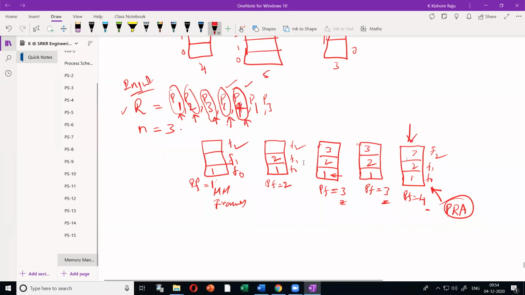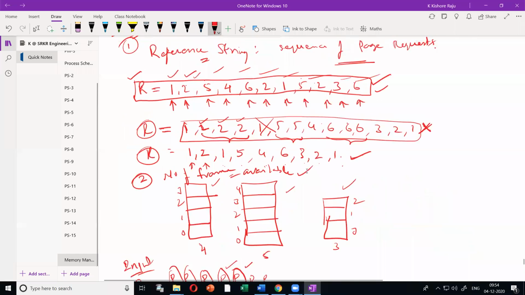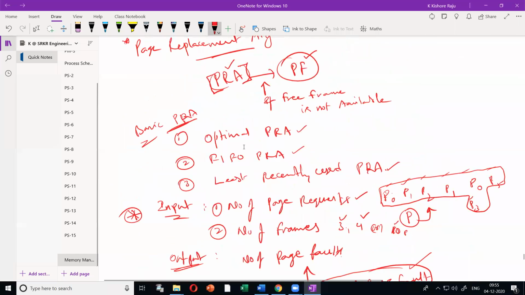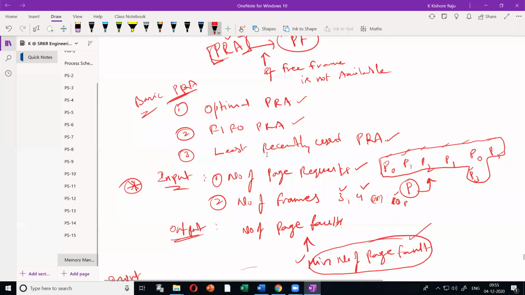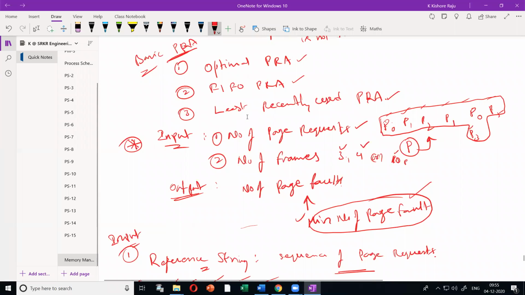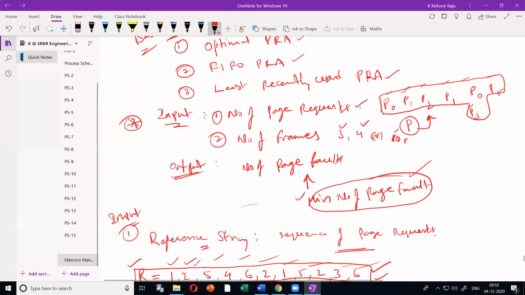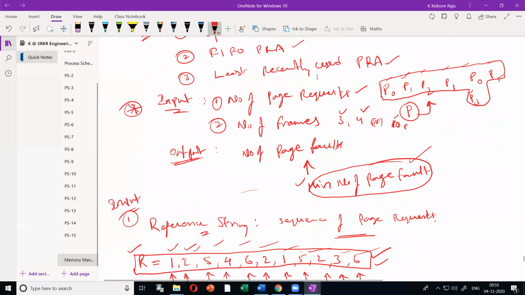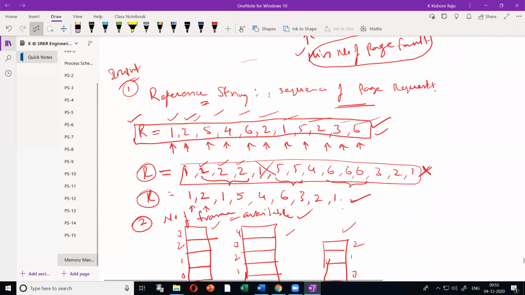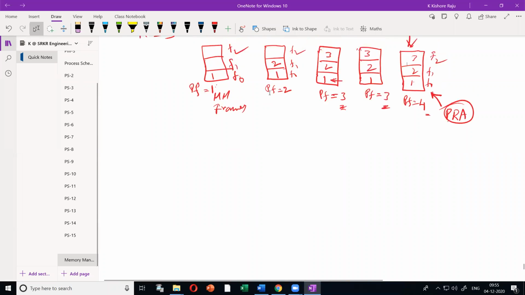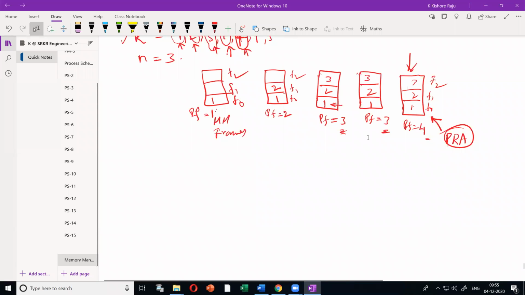Based on the criteria, the page replacement algorithms are classified into 3 categories: the optimal page replacement algorithm, the first in first out page replacement algorithm, and the least recently used page replacement algorithm. There are many more, such as the most recently used algorithm. I'll discuss the basic page replacement algorithms first, then if time permits, I'll cover the remaining algorithms too.